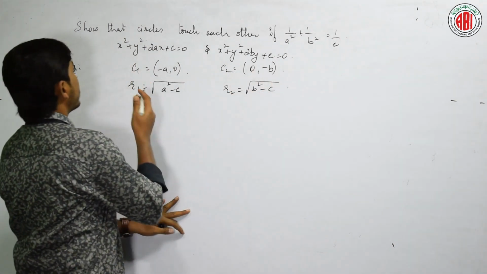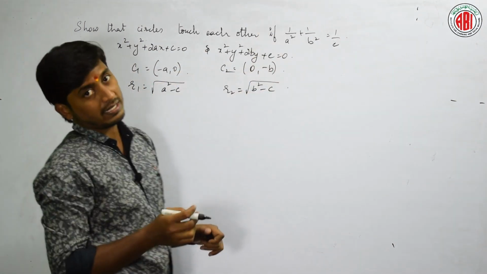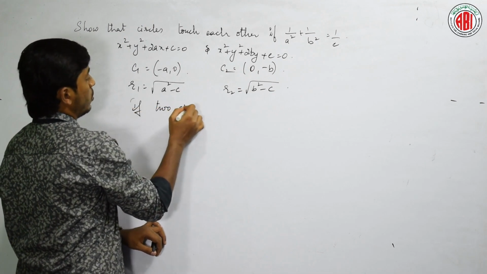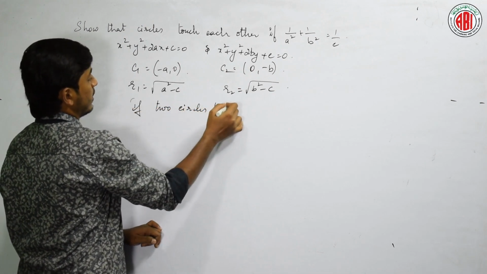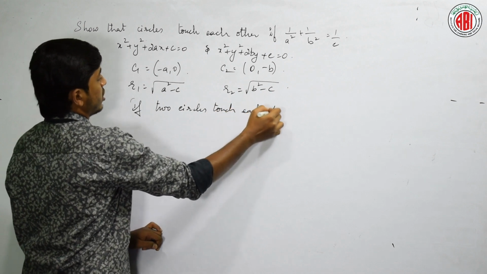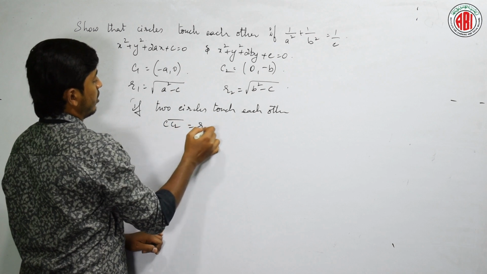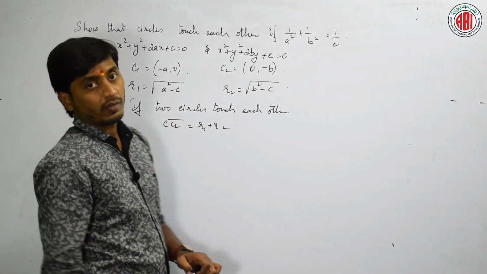And he is telling that two circles touch each other. What is the condition? If two circles touch each other, then C1C2 is equal to R1 plus R2. Okay.